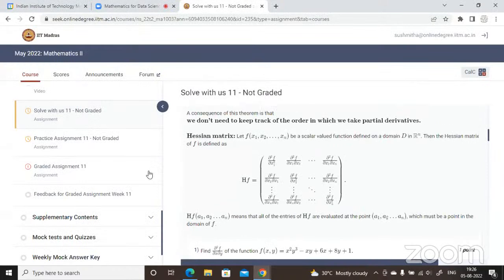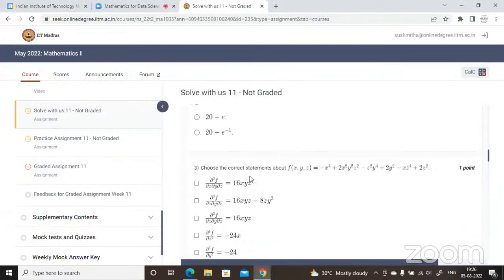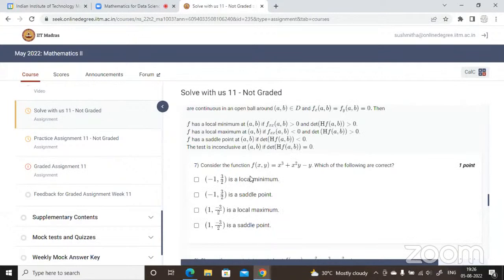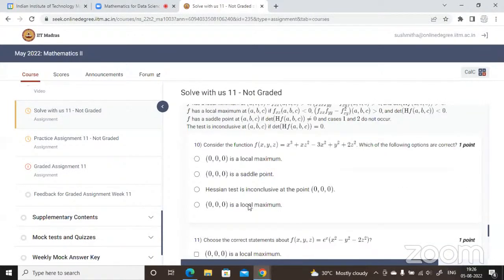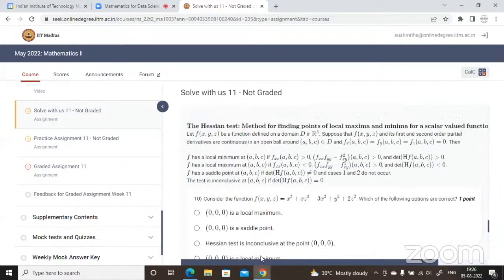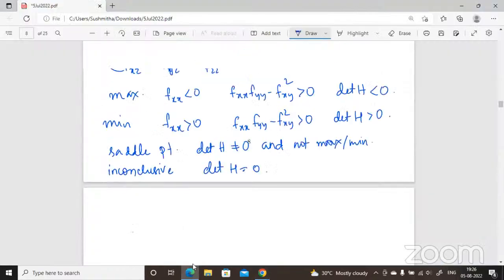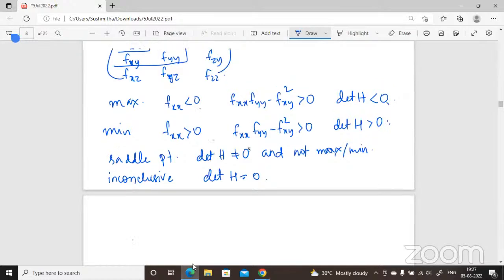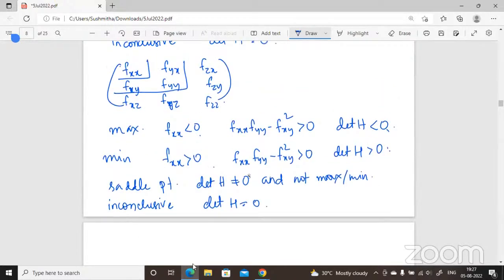One more thing: for both minima and maxima, fxx and fyy have the same sign, and these two will be of opposite signs.